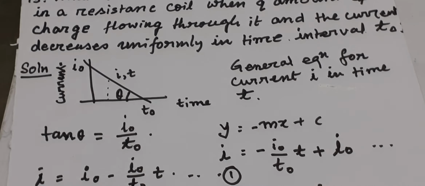Then you know the equation of a straight line. For this the gradient is negative, so y equal to minus mx plus c, where c is the intercept on the y axis. Now very easily, instead of m we put I naught by t naught, instead of x we put t, plus I naught is the intercept on the positive side of the y axis, so I naught.